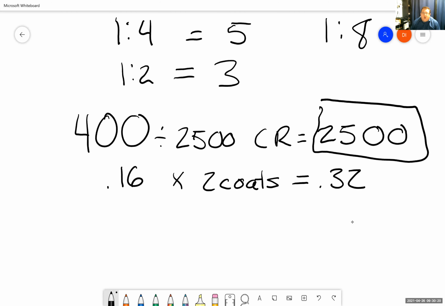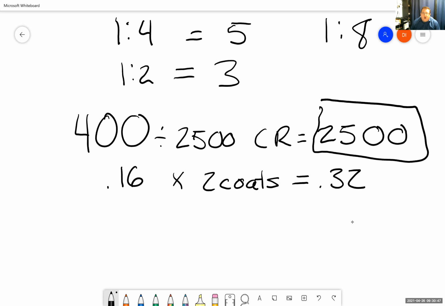But when you are out in the working world, I want you to read the label on your product. Make sure you know what that product says it'll cover, because there are some interesting factors that will come into play. The amount of solids that's left behind plays a factor, and that will affect the coverage rate.